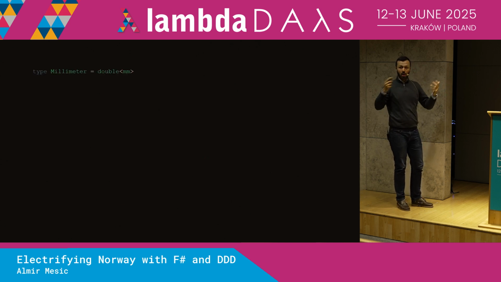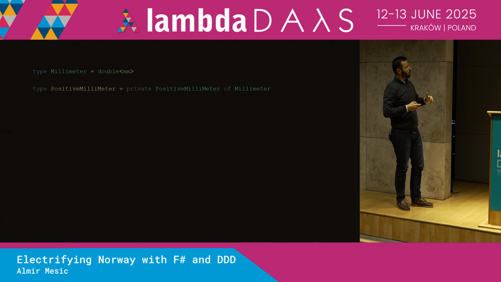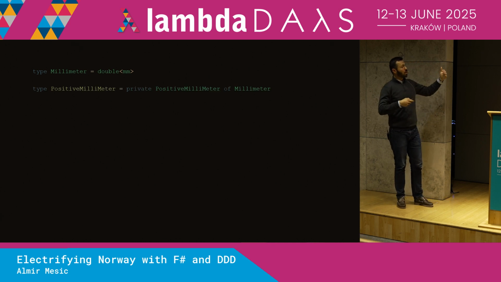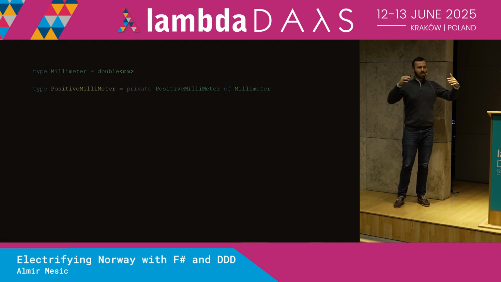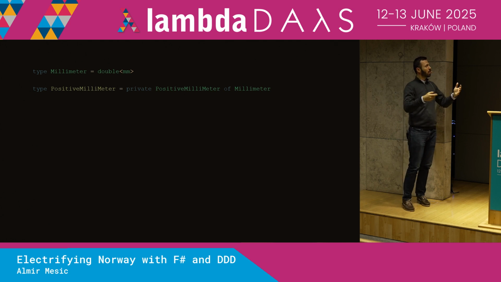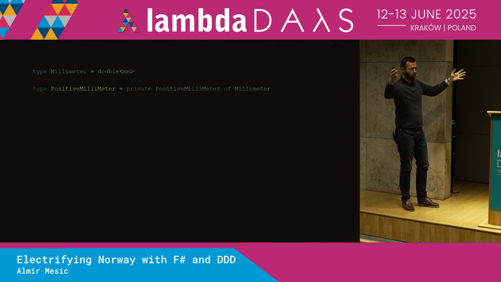The way we use it in our code, this is directly from our code, is that we try to restrict as much as possible. So when we talk about length, millimeters in this case, we usually work with positive values, right? We want to constrain it to what's actually realistic in the real world. So this is a single case union type.